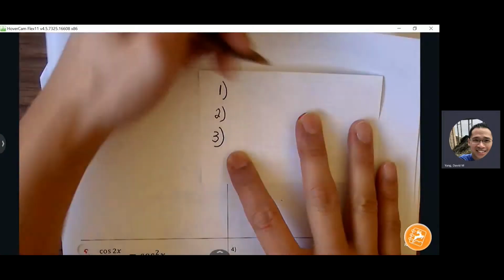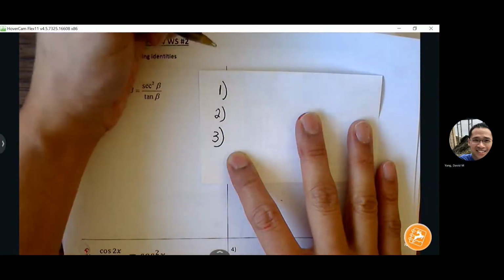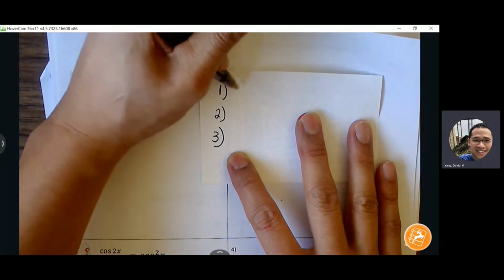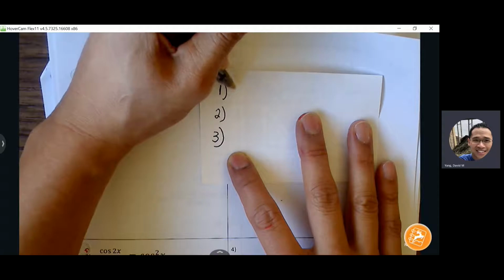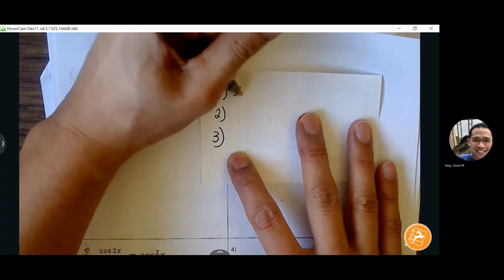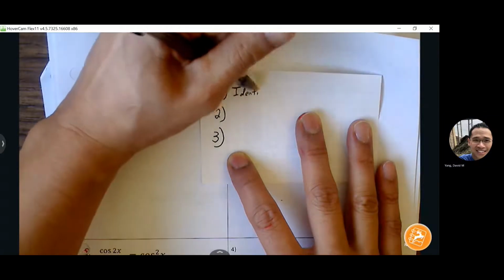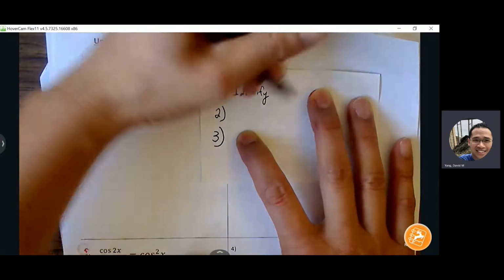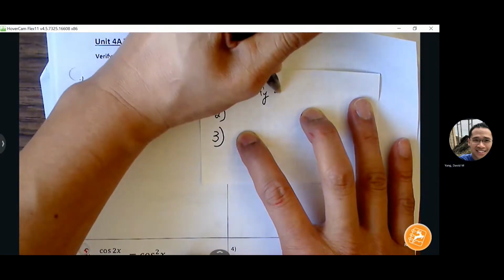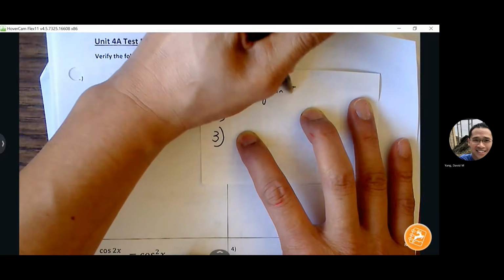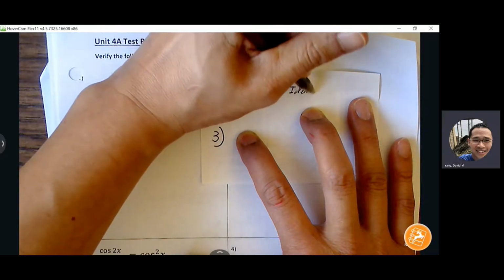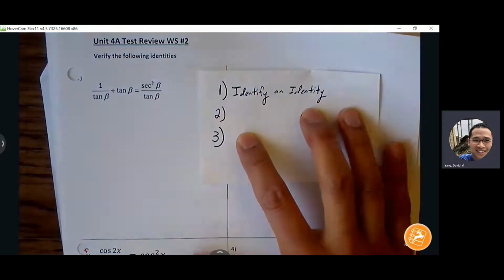The first is, consider that there is an identity to use, whether it's a Pythagorean identity or maybe there's an identity that we can instantly use. So that's potentially an option.